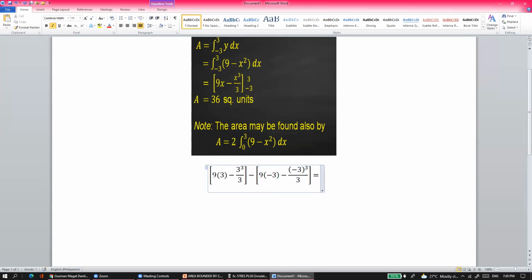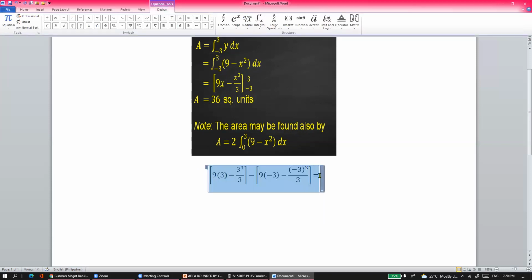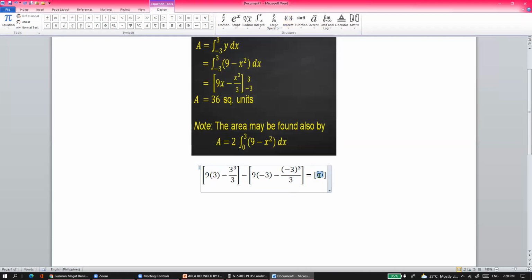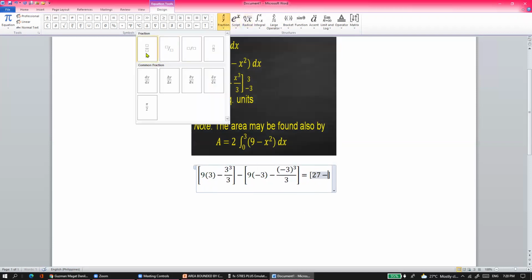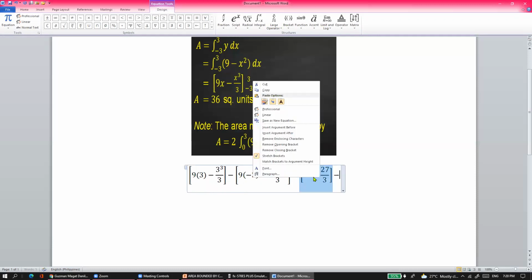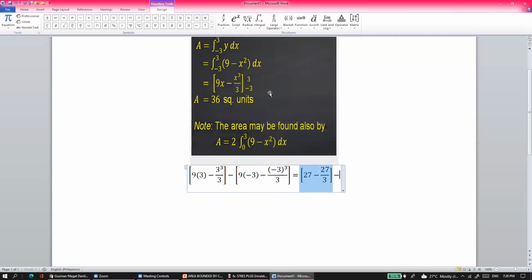So, bracket muna. First, 9 times 3 is 27. Minus, again, fraction again. 3 cube is still 27, but over 3. So, 27 over 3. Minus. And then, I think, copy-paste ko na lang ito, and then, ayusin ko na lang yung mga signs.